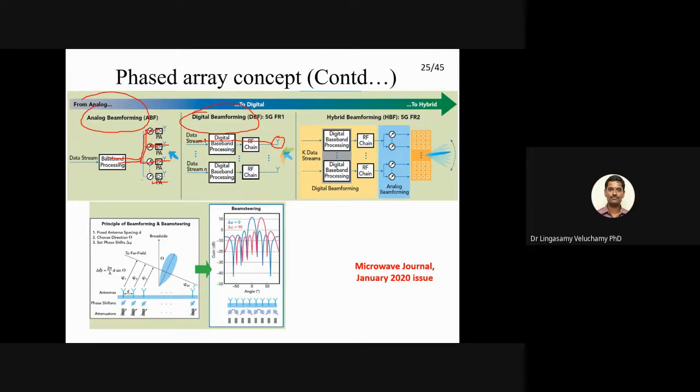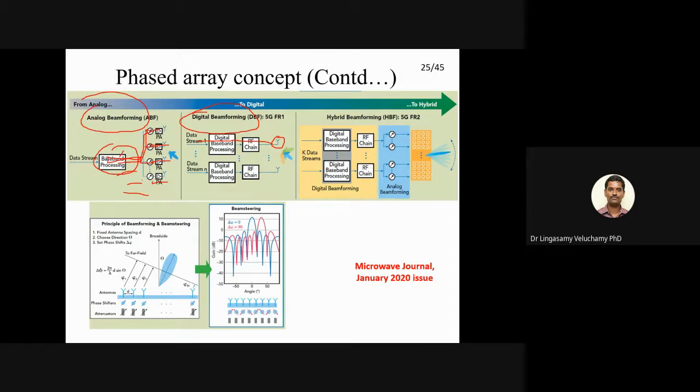But the problem is that flexibility is not there. For example, 5G supports multiple bandwidths, and if you want to support both 5G and LTE simultaneously, then this will not work.